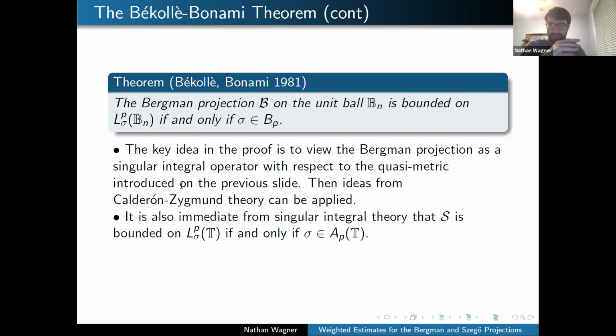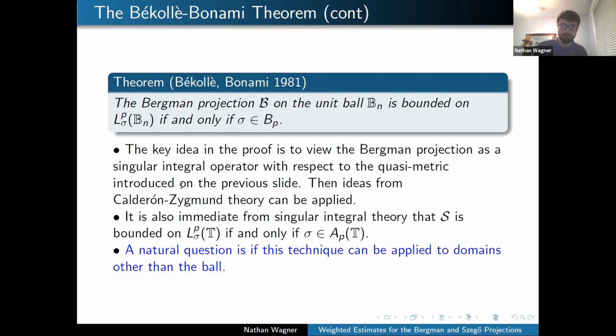If you think about just the case in dimension 1 of the unit disk, then the behavior is the same as the Hilbert transform. We know that the AP class on the circle is the right class for the Hilbert transform. So that's also the right class for the Szegő projection. So you kind of have this BP class that works for the Bergman theory and this AP class that works for the Szegő projection.